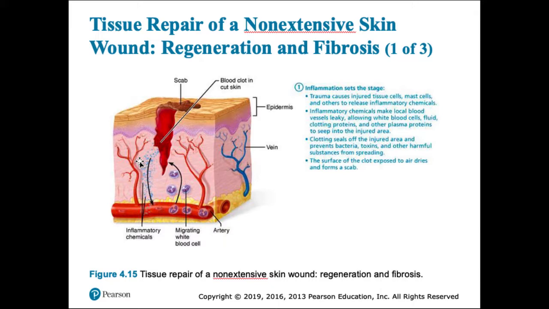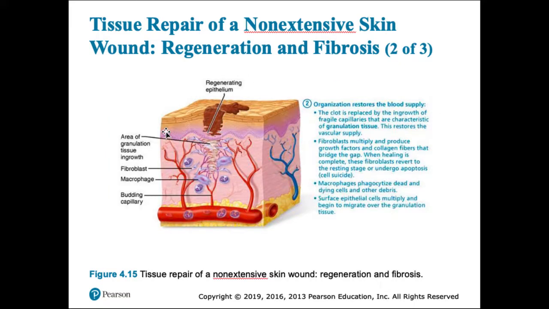Clotting then seals off that area and prevents bacteria, toxins, and other substances from spreading to the rest of the body. When the surface of the clot is exposed to air, it dries and forms a scab. You can see the scab being formed here.